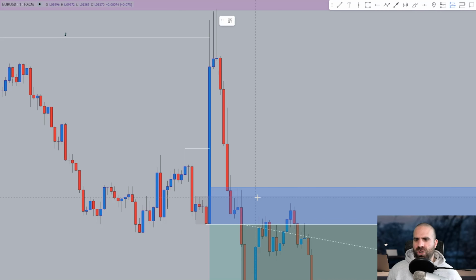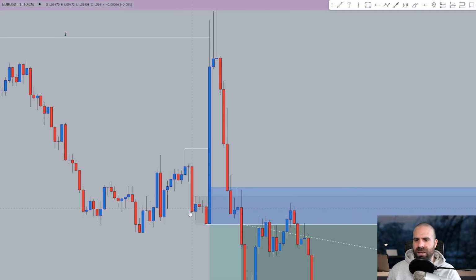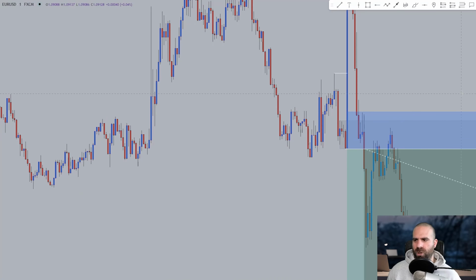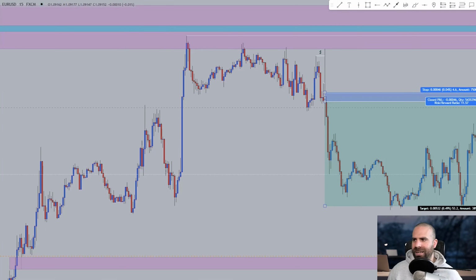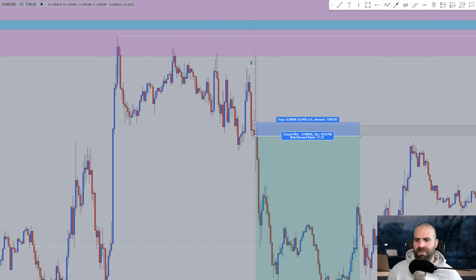So in this occasion, they were tricked into buying until here, let's say, you use this failed order block, which is the breaker block, placing a sell limit order in this occasion at the bottom of this breaker block and the stop loss on the top of the breaker block. Then you can go ahead and target an area from a higher time frame, such as the 15-minute time frame.